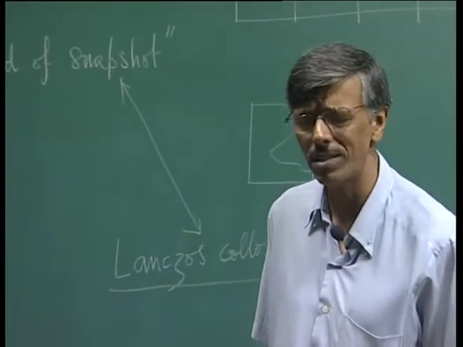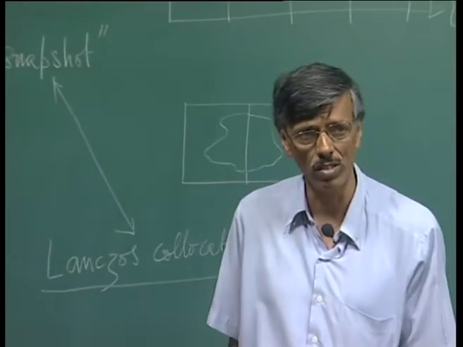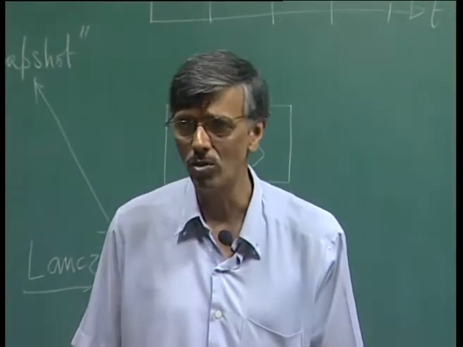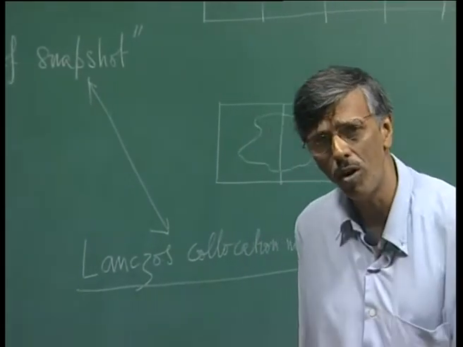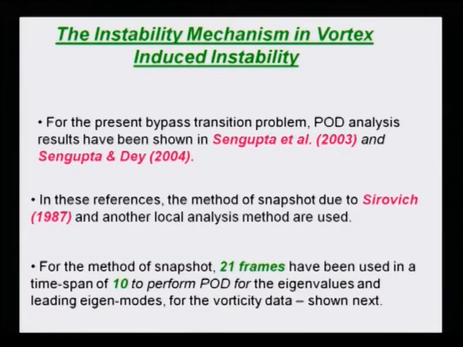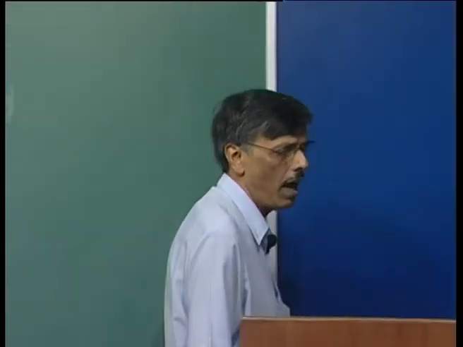However, we realize that vorticity dynamics is more central in understanding fluid dynamics. So, we basically most of the time look for POD analysis for the disturbance vorticity field. Okay. And what we found is the eigenvalues and the eigenfunctions are as given here.